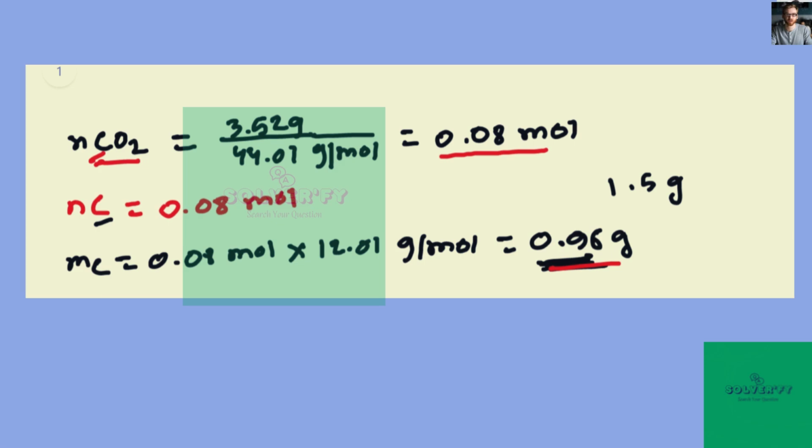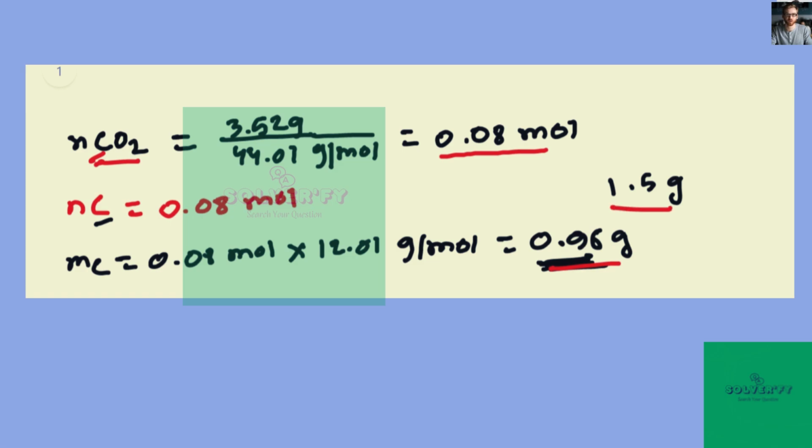Now, since we are given the amount of chlorine in 1 gram of sample, for that reason we will find the amount of carbon in 1 gram of sample.